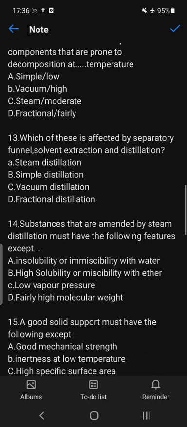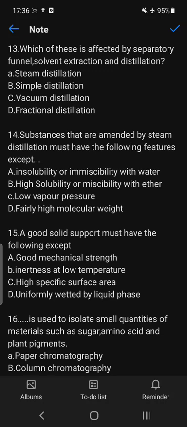Number 14, substances that are amenable to steam distillation must have the following features except: A, insolubility or immiscibility with water. B, high solubility or miscibility with ether. C, low vapor pressure.